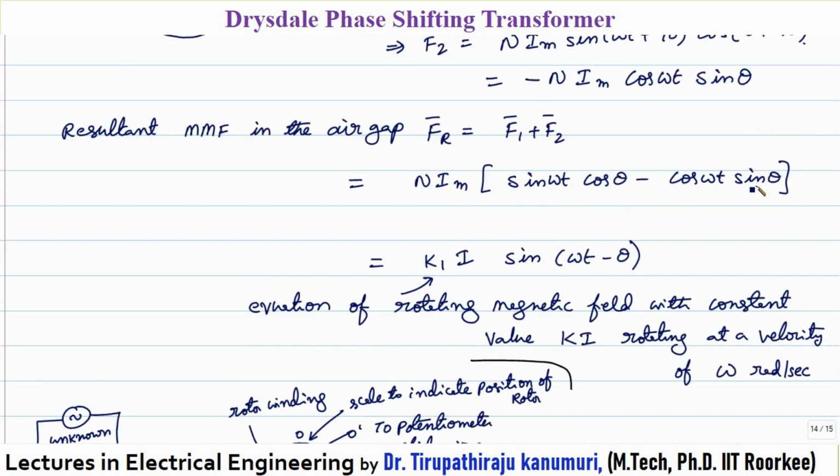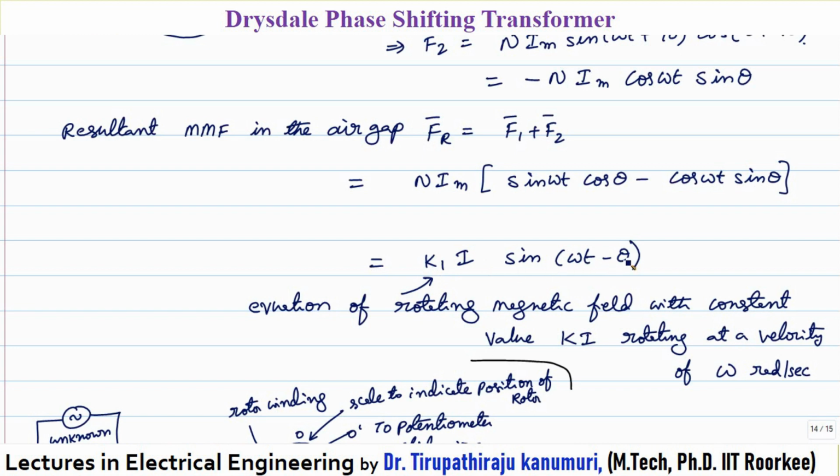This is of the form sin A cos B minus cos A sin B. When you simplify this, I convert I maximum to RMS form, and N and the other terms I convert into K1. So this I can write as K1 into I times sin of omega t minus theta.